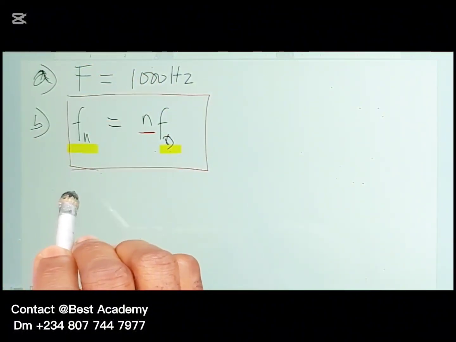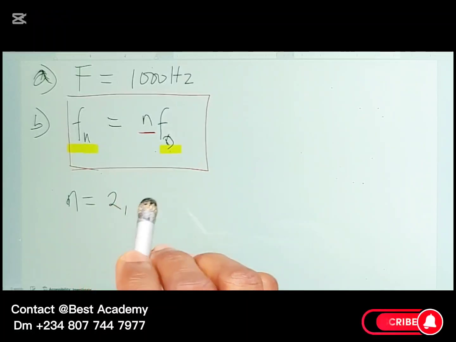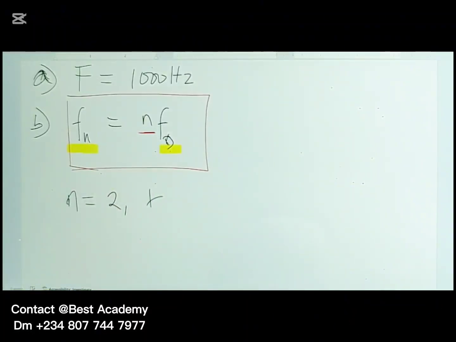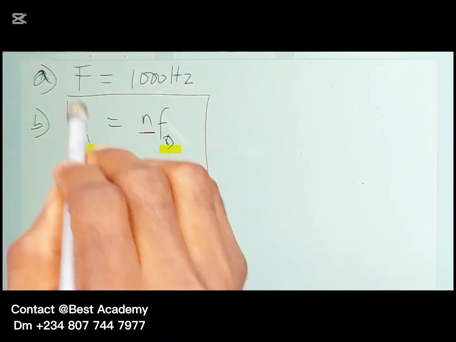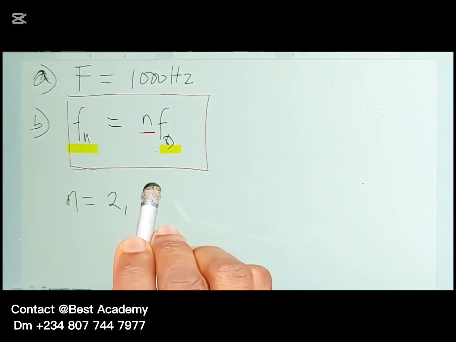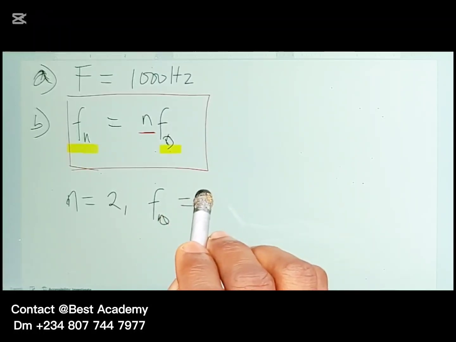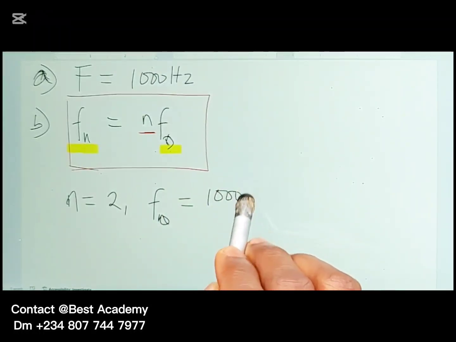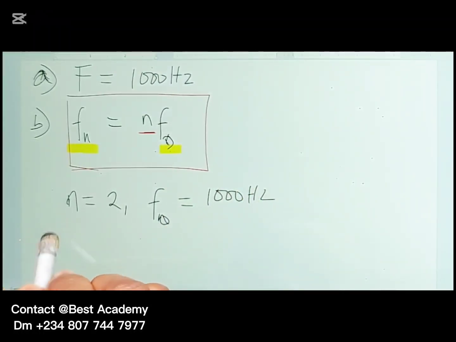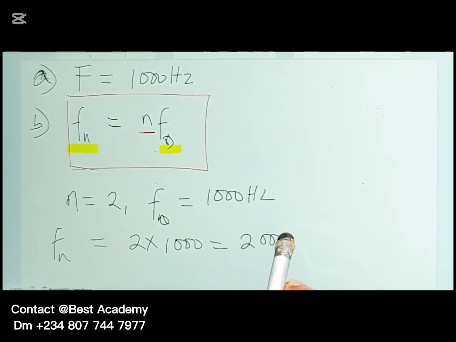Our f of naught is equal to 1000 Hz. So calculating for f of n here, we have 2 times 1000. Our answer is going to be 2000 Hz.